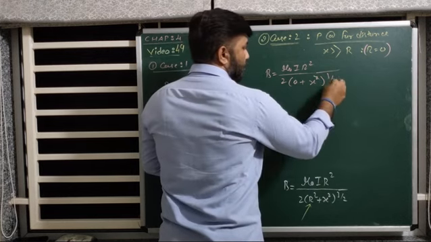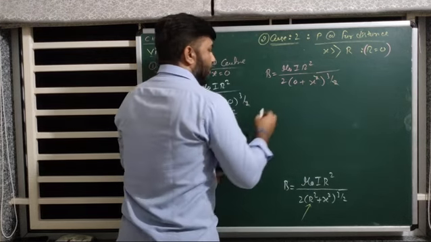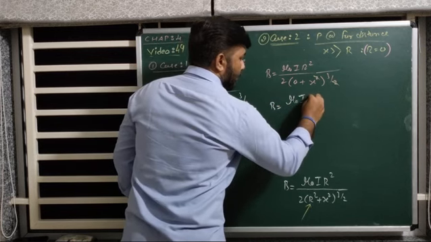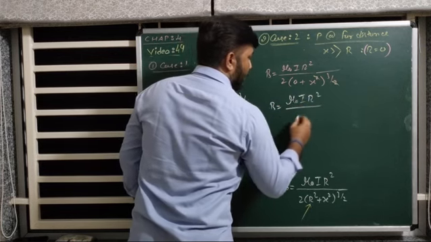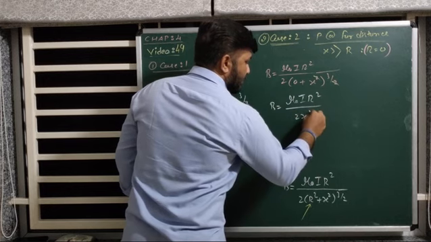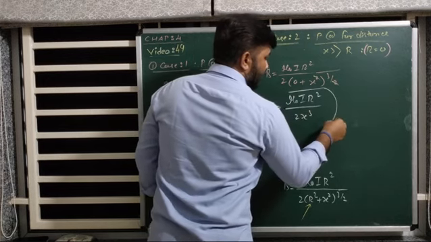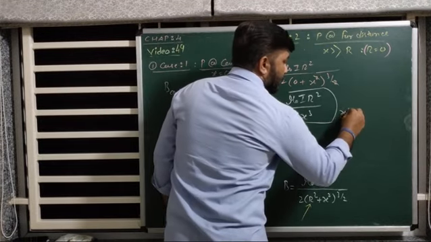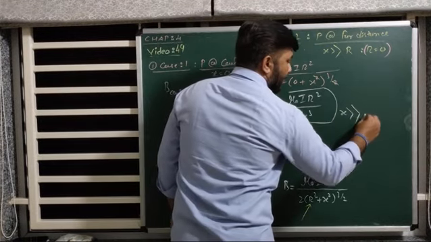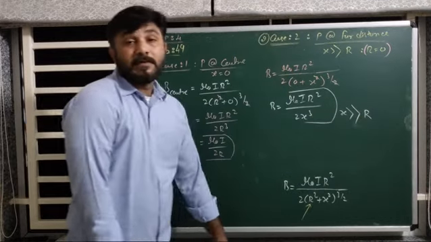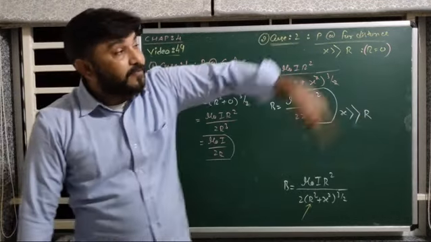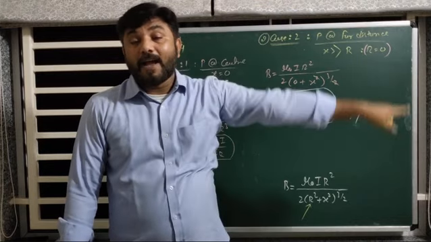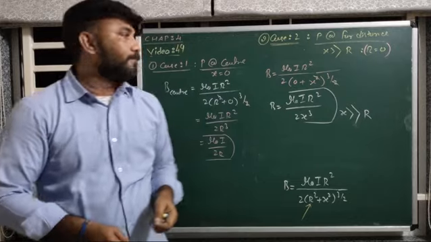So here 2 will cancel out and you will get B is equal to mu 0 I r square upon 2 x cube. So this is the equation when x is very much greater than r, means the point P is very far from that circular coil carrying electric current.